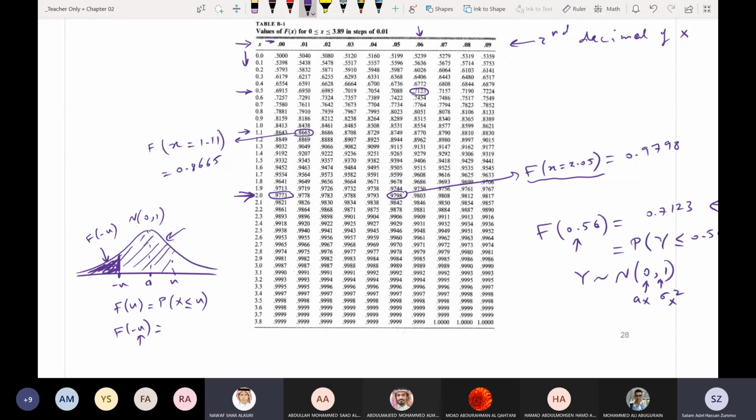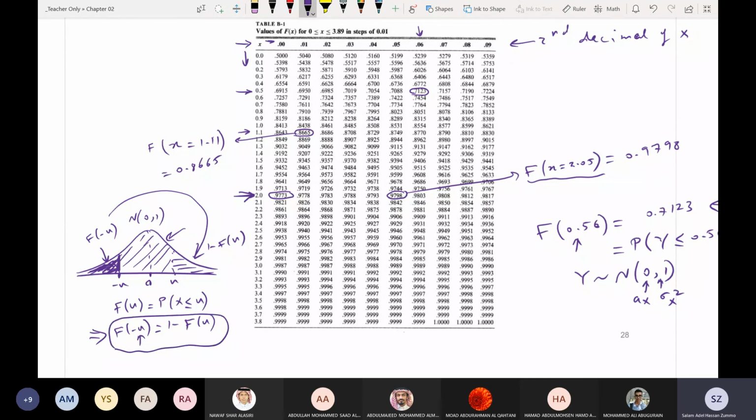Why? Because this area is the same as this area, and this area is 1 minus F of u. So this is equal to 1 minus F of u. Clear?